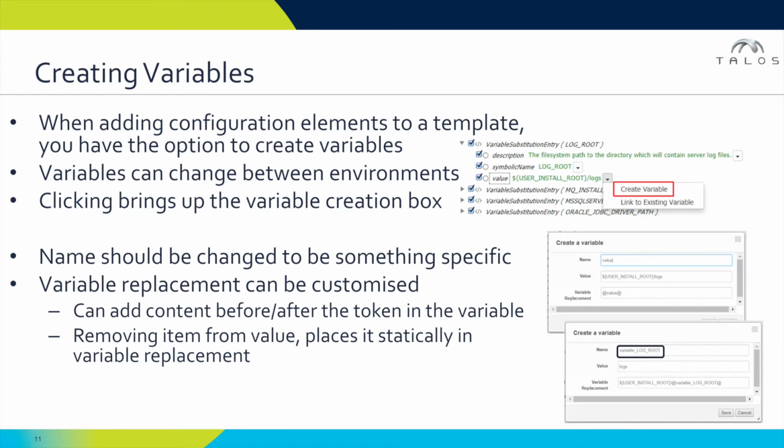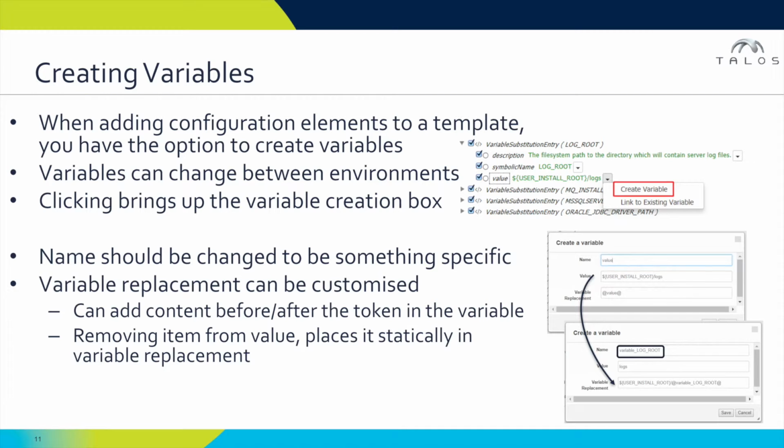Where there are values that contain perhaps static information, you can customize the variable replacement. So in this example, the value here that's being replaced is a WebSphere variable called user install root, and then slash a log location, so slash logs. If you remove from the value section anything that you want to remain static, then that will automatically place it in the variable replacement box.